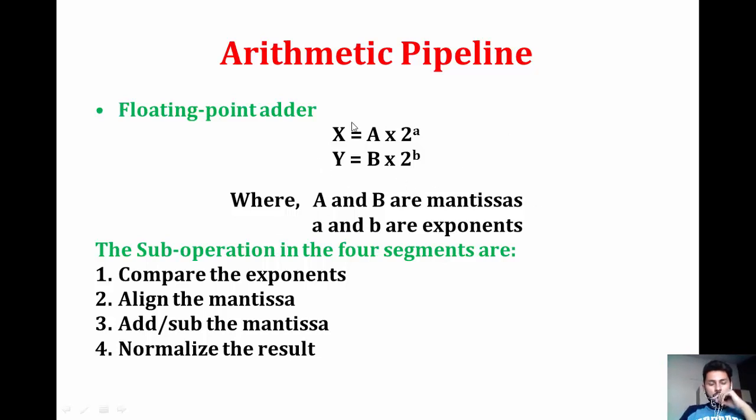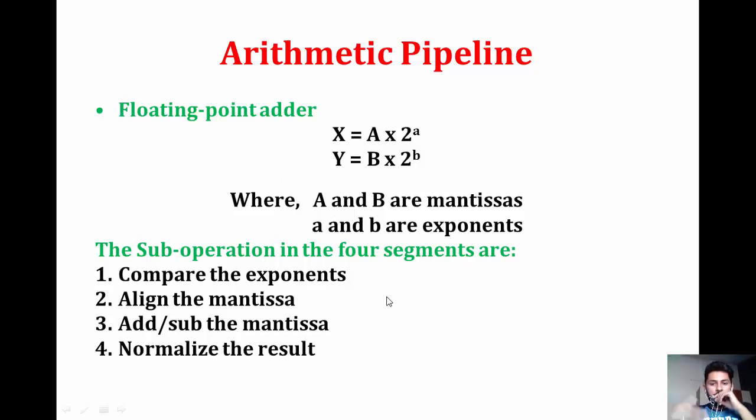If you want to execute this arithmetic expression in a pipeline manner, it can be divided into a number of sub operations, and each sub operation will be executed in different segments. Let's assume that we divide the floating point addition process into sub operations and execute them in 4 different segments.